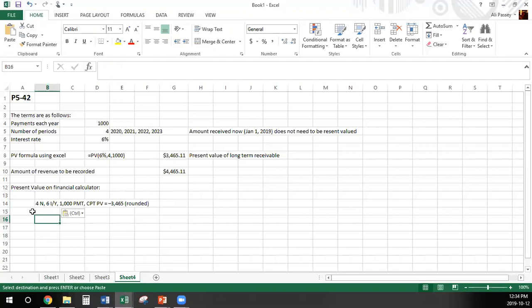So you would enter in again the number of periods, which is 4, the interest rate, which is 6%, and the payment amount, which is $1,000 each period, and then you press compute present value, and it gives you the same present value that we got in our Excel formula. So that is P4 or 5-42.